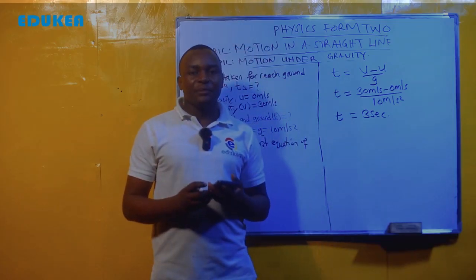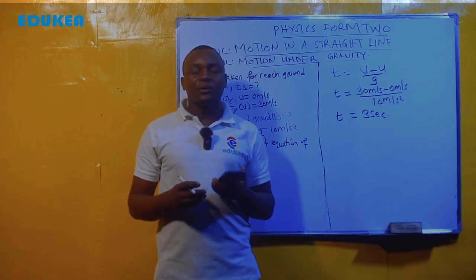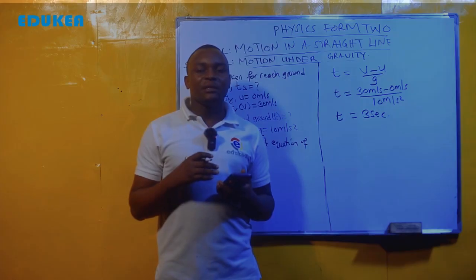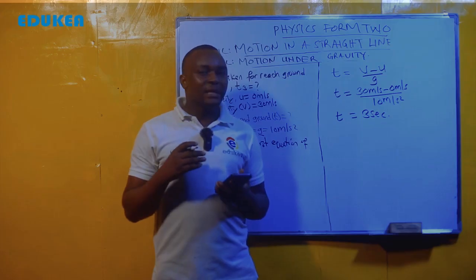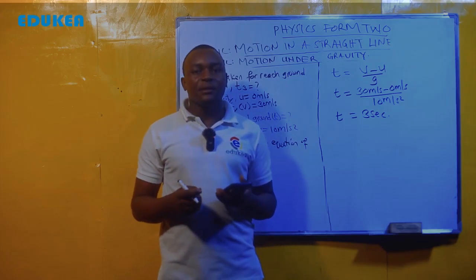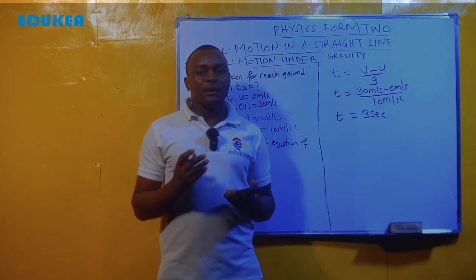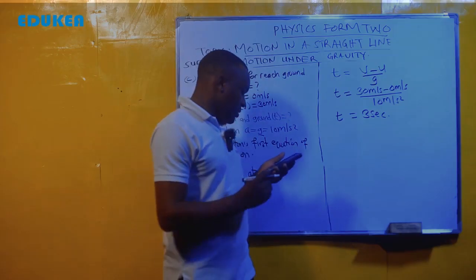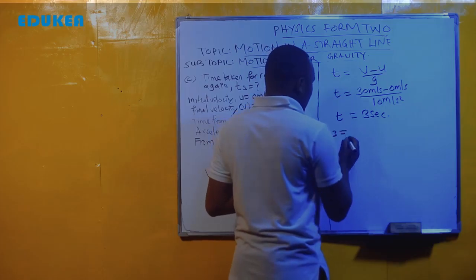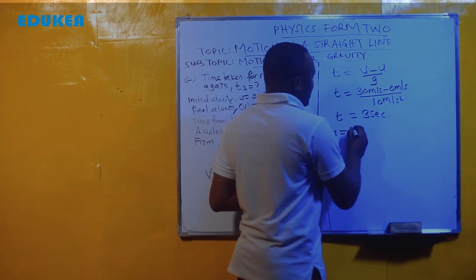But to find the total time the stone will take when it's thrown upward and when it returns to the ground, we must take the summation of the time the stone used to reach the maximum height and from the maximum height to the ground. So t3, which is the time to reach the ground again, becomes t plus t2.